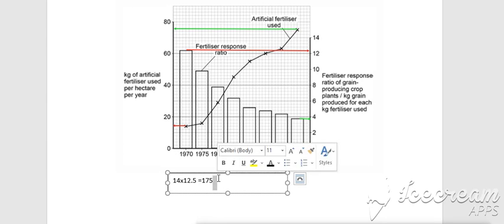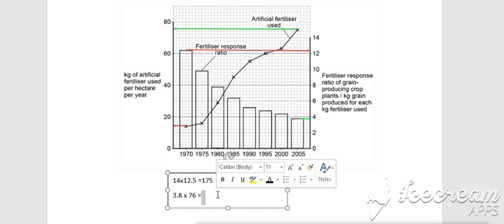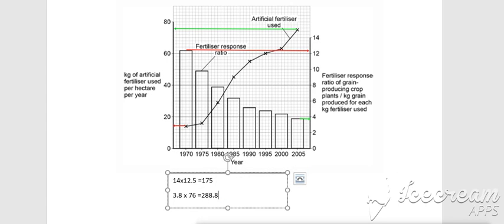So if we take our values for 2005 and we base that on a fertilizer response ratio of approximately 3.8, and we multiply that by how much artificial fertilizer was used, which is approximately 76, that will give us an answer of 288.8 for 2005.